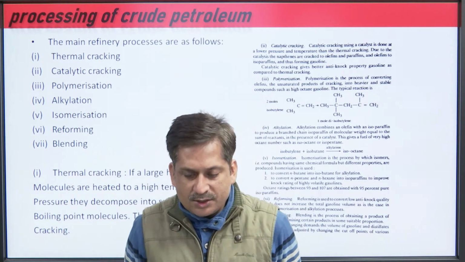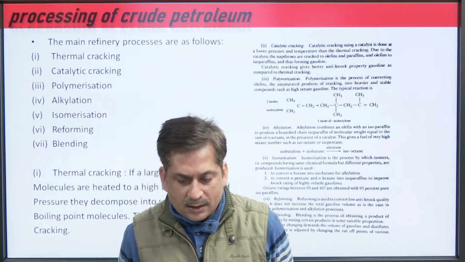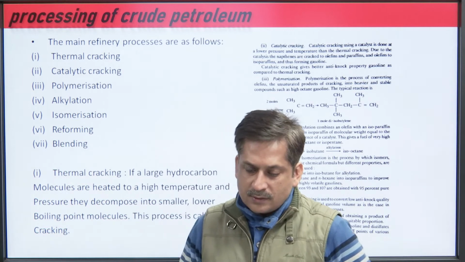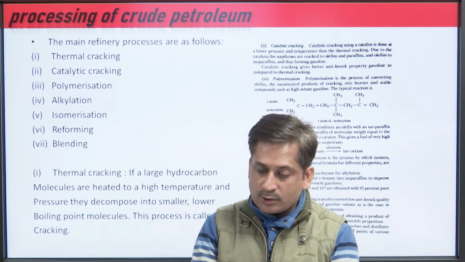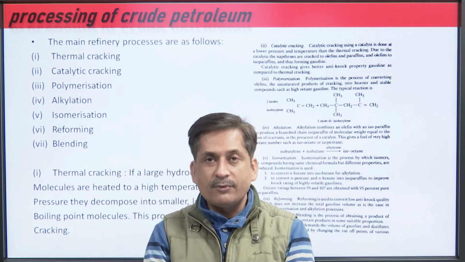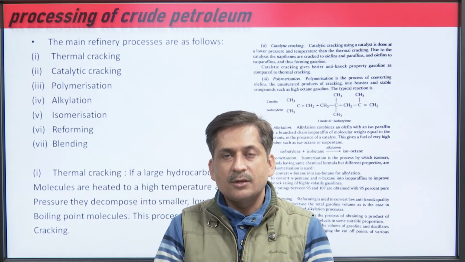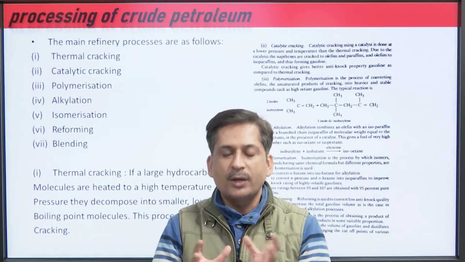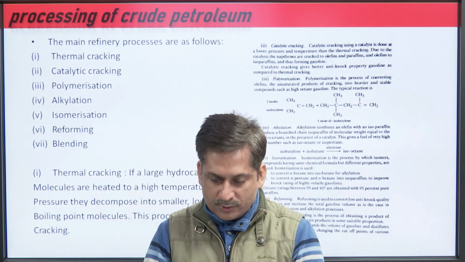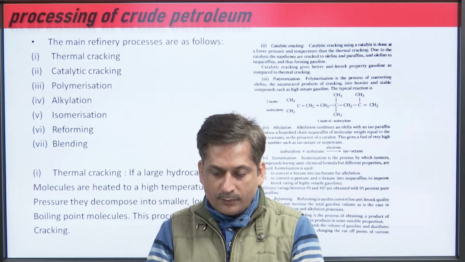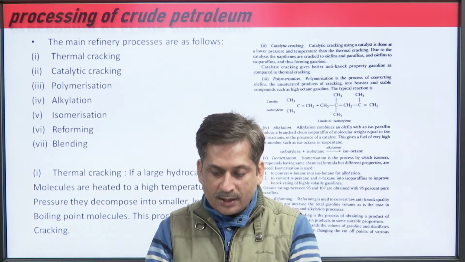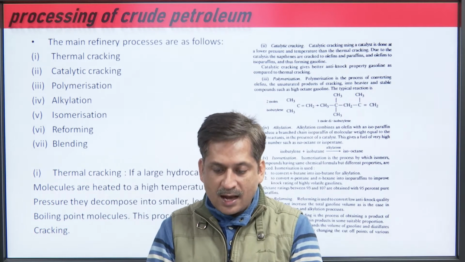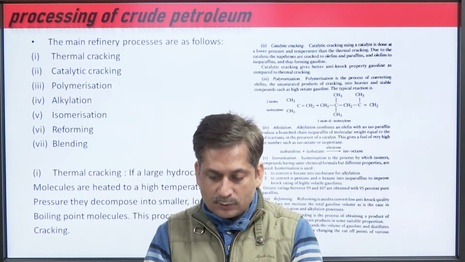Now, polymerization, you all know, is the conversion of olefins, the unsaturated products of cracking, into heavier ones, just reversing, you are making a bigger molecular arrangement. So, polymerization is the process of converting olefins, which are unsaturated products of cracking, into heavier and stable compounds such as high octane gasoline.